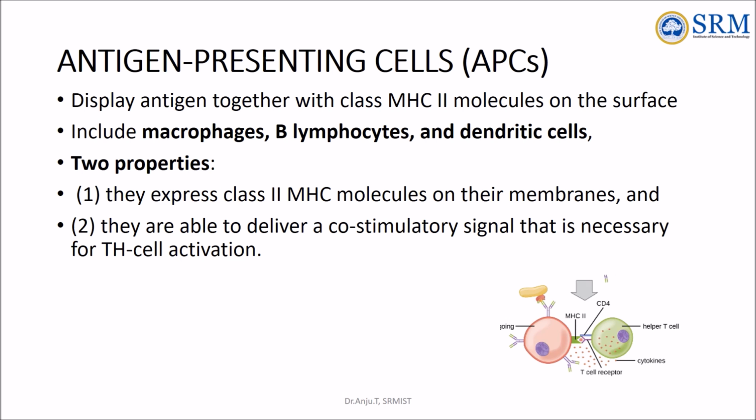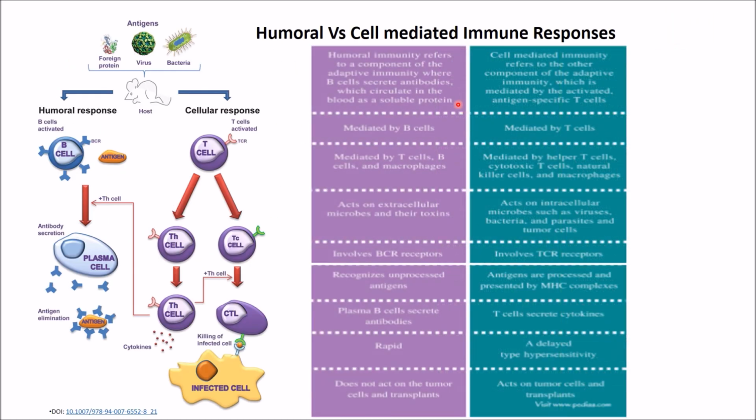Some of the antigen presenting cells are macrophages, B lymphocytes and dendritic cells. The major property of these antigen presenting cells is that they express class 2 MHC molecules on their surface, and they also secrete signals which are necessary for TH cell activation.